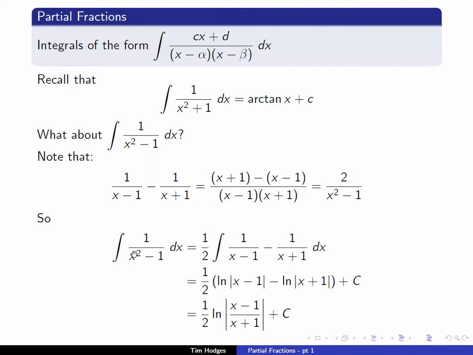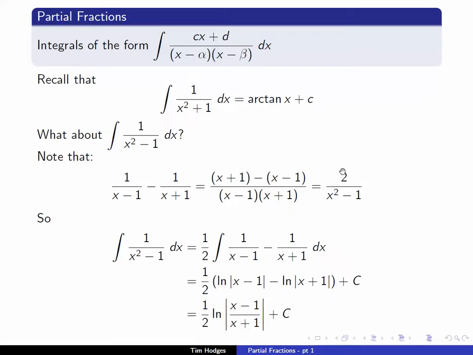So to summarize this, the integral of 1 over x squared minus 1 is 1 half the integral of 1 over x minus 1 minus 1 over x plus 1. And this is 1 half log absolute value x minus 1 minus log absolute value x plus 1 plus a constant. And we can rewrite it in this form if we want, using the laws of logs. So what does that tell us?